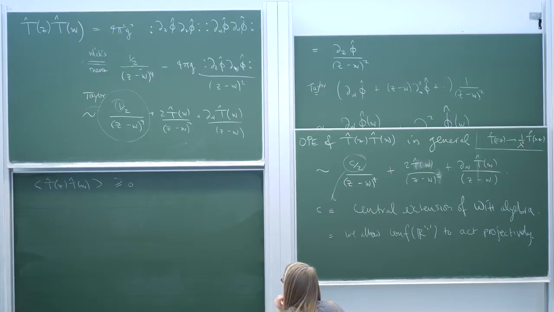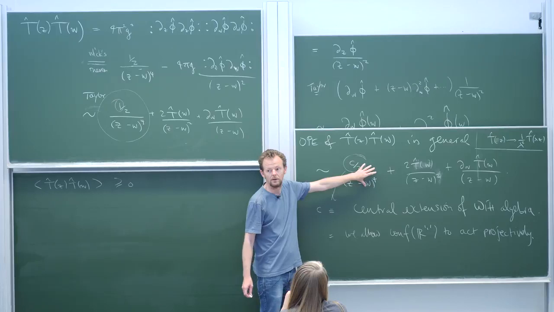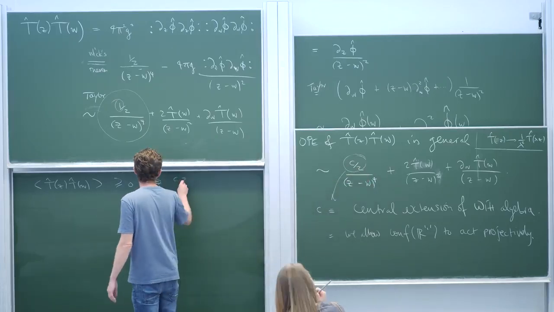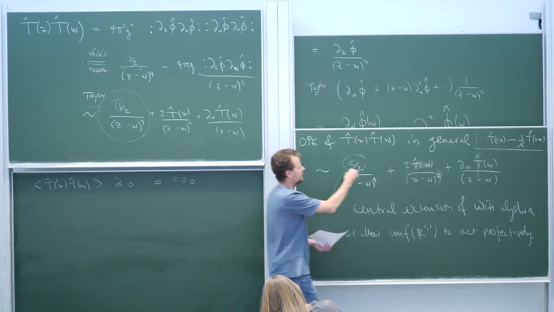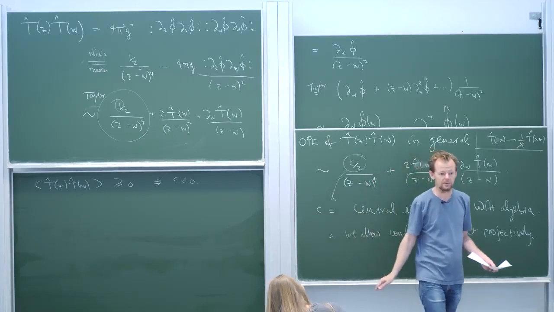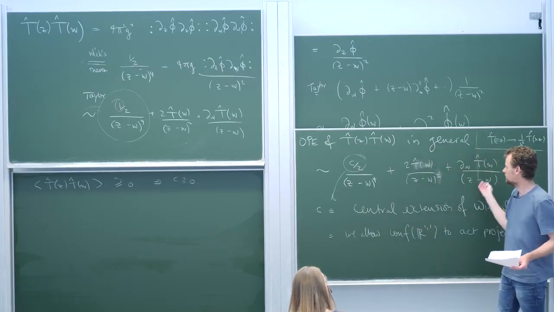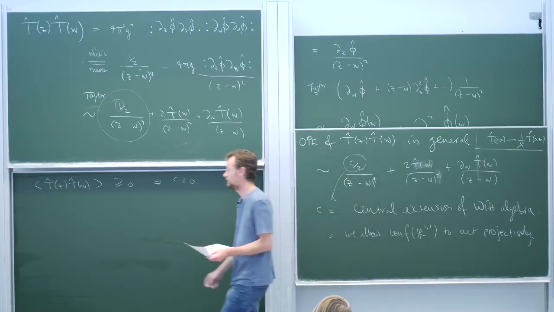And then you can see that the most singular behavior here, in order for that to be positive, it better be that C is positive. So this is the OPE in general. If you work out your favorite conformal field theory, and then you work out the OPE of the stress energy tensor with itself, the claim is it will always look like this, and there will be this number C over there called the central charge.